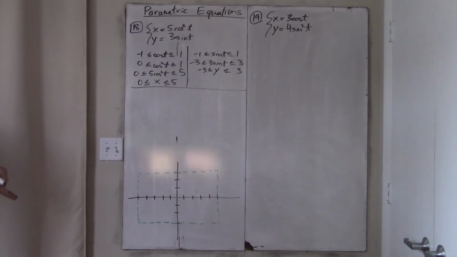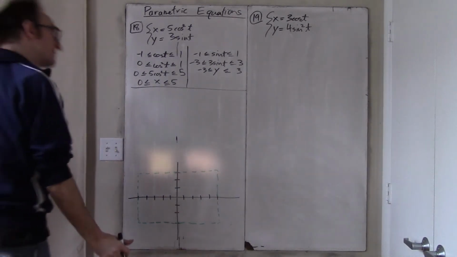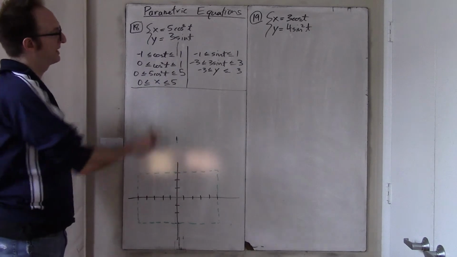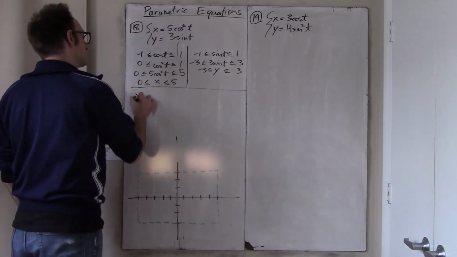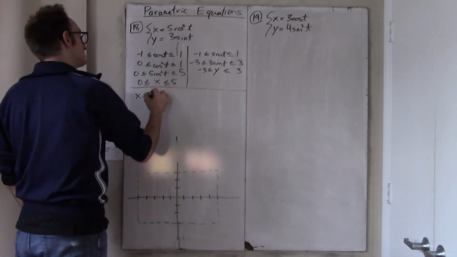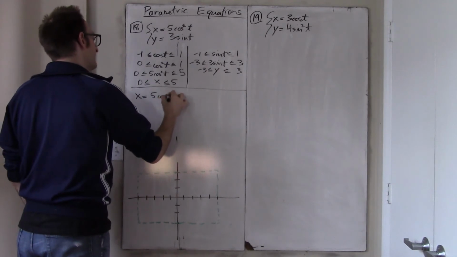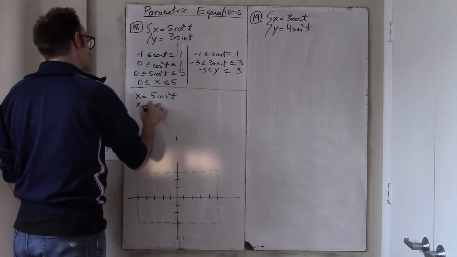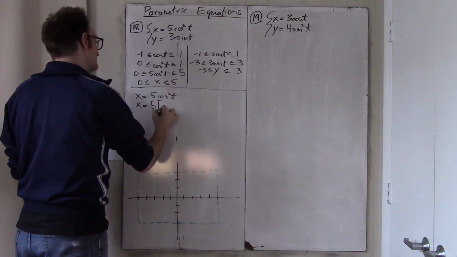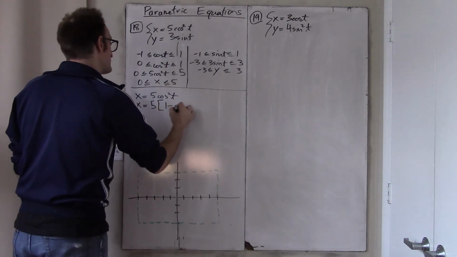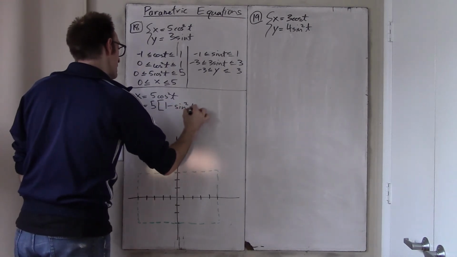Okay, well, there's only one thing left to do because there's no end behavior to talk about, and that is to eliminate the parameter. And here, because I am experienced, it's just clear to me that the thing to do is to start with 5 cosine squared t, and to replace that cosine squared with 1 minus sine squared. Why?